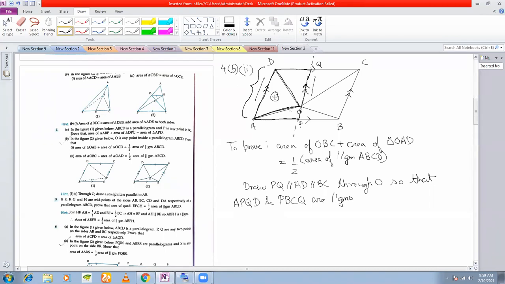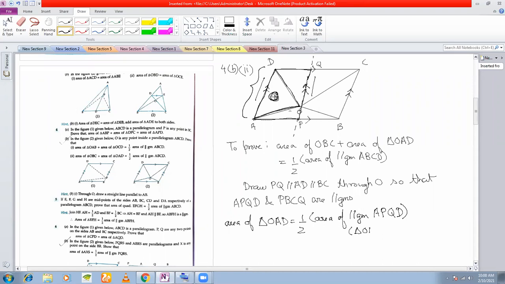So therefore, area of this triangle here must be half of area of the parallelogram APQD. So we write it, area of triangle OAD is equal to half area of parallelogram APQD. And you'll give your reason.